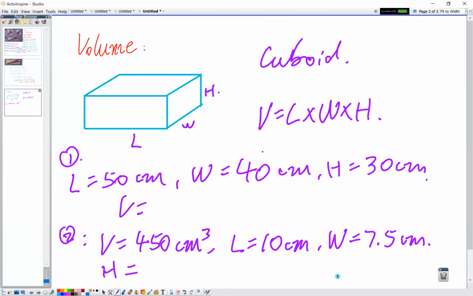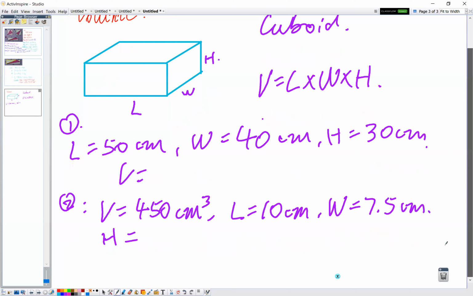Okay, so now you have your answers for question A and for question B. Let's have a look at how to do question A first. If you look at question A, you have to do this step by step. You look at the base here.